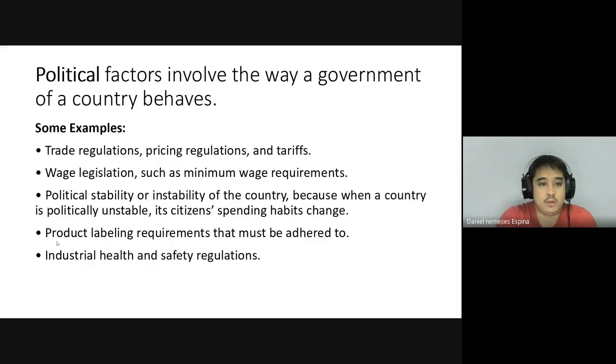So we have the product labeling requirements that the company must adhere to. So an example here in the Philippines, we have the cigarettes, di ba? So the DOH implemented a labeling requirement which requires the cigarette companies to put a picture of diseases or sickness caused by cigarette smoking.